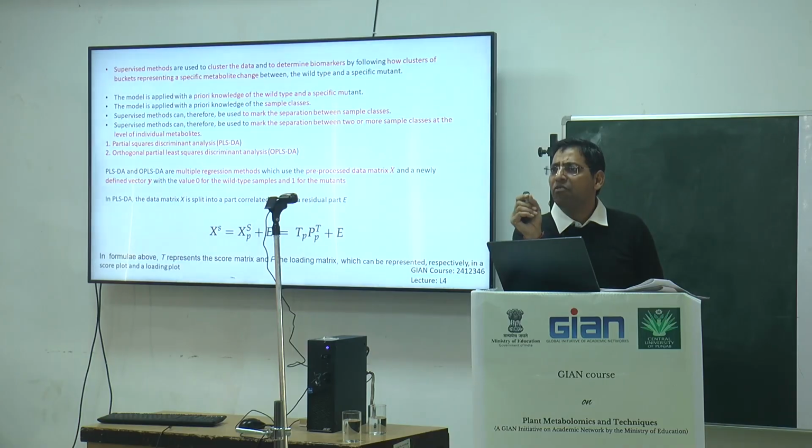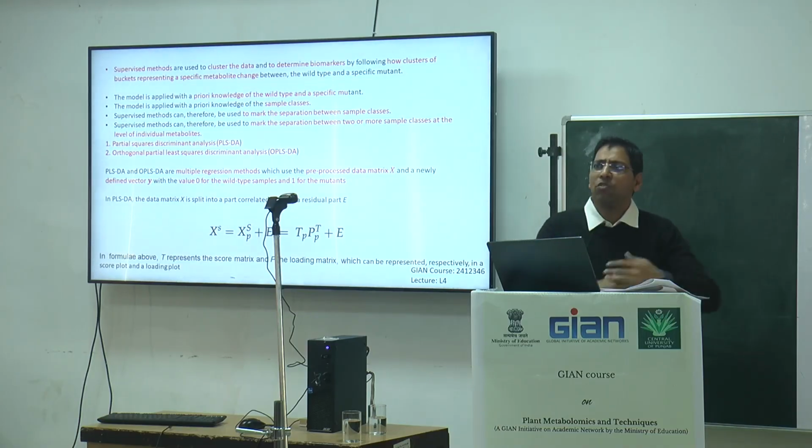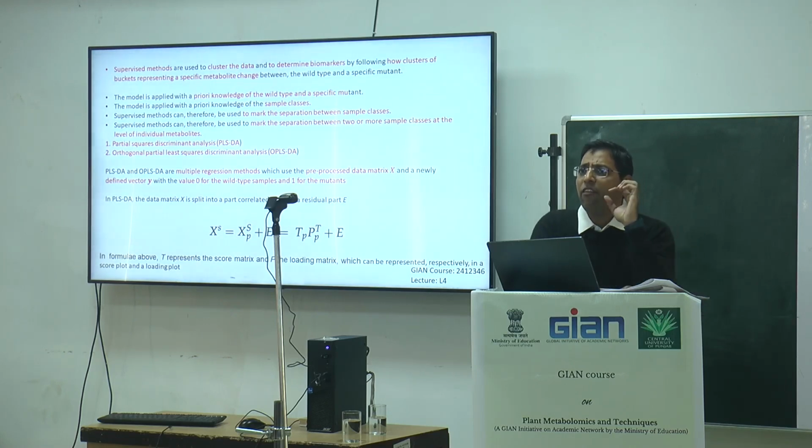Biomarkers mean anything which can define that particular stage. Biomarkers are used for cancer, so they can identify that particular disease. Biomarkers are used for different disorders also. Similarly, if there are samples of different stages, you can identify what metabolites are present at what particular stage. For that we have to do this.